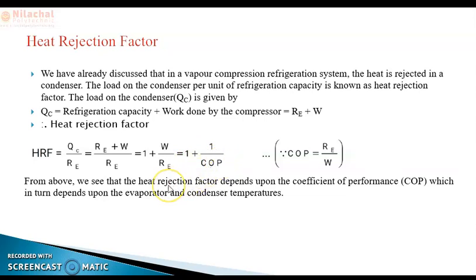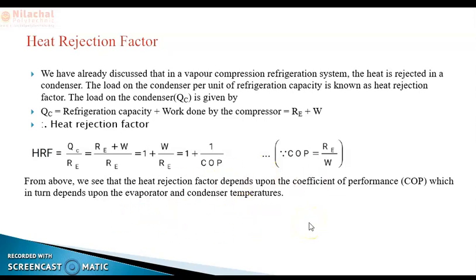Here you observe the heat rejection factor depends upon the coefficient of performance, and the coefficient of performance depends upon the evaporator and the condenser temperature. So you can confirm that the heat rejection factor also depends upon the evaporator temperature as well as the condenser temperature.